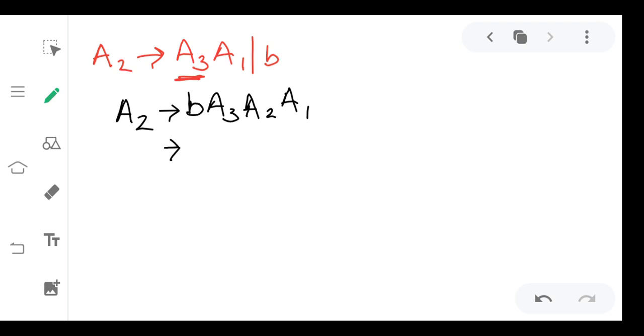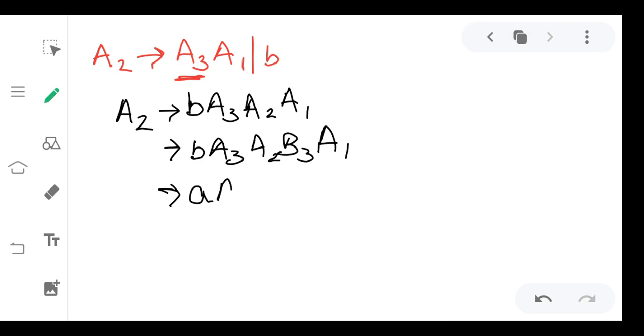And for second equation, B, A3, A2, B3, this A1 has to come over here. And third equation of A3, A1. And fourth equation of A3, A, B3, A1.